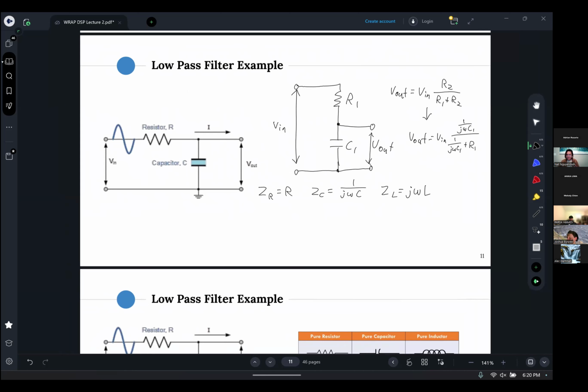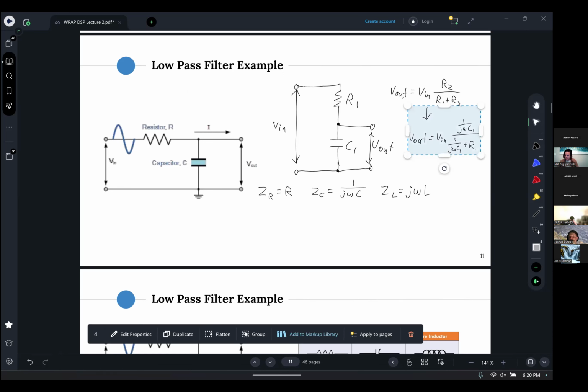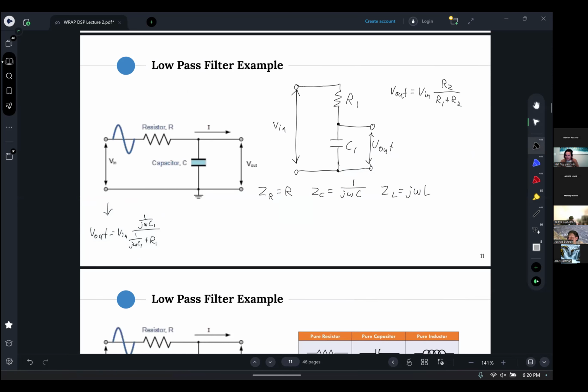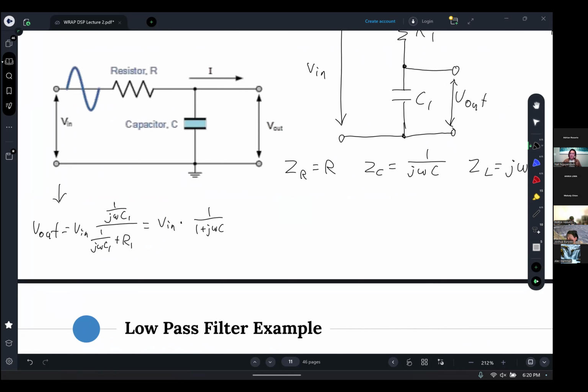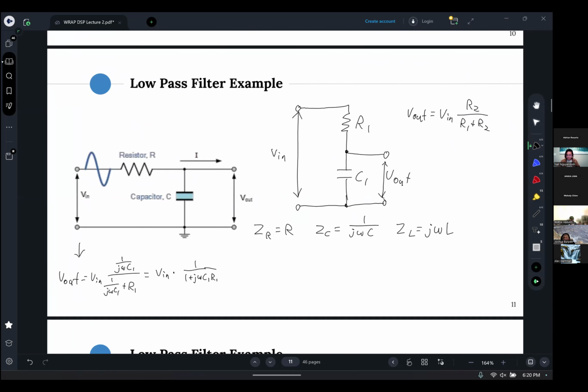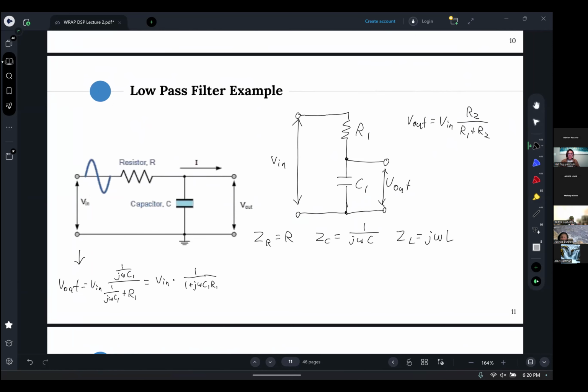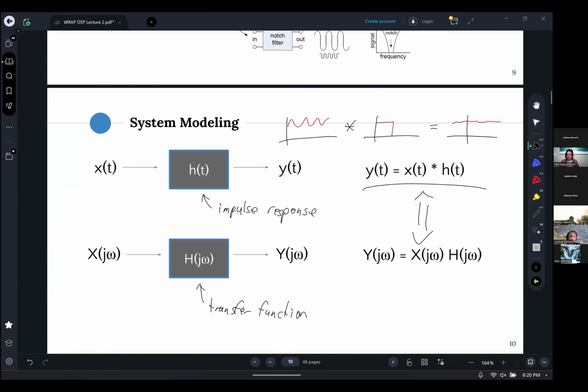So this is the equation that I have now, and then I'm going to bring this over here. So I can then simplify this to V in multiplied by 1 over 1 plus j omega RC. All right, so now when I do this, I can relate V out to V in, because remember what I was talking about earlier.